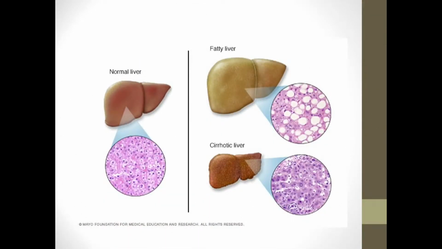The same here: if there is more connective tissue than in normal condition, it means that this liver is damaged. I want to show again the tissue of the normal liver, the fatty liver, and the cirrhotic liver. So what's the difference between fatty liver and cirrhotic liver? In the normal liver, you can see the architecture of hepatocytes without lipids, without fat cells.